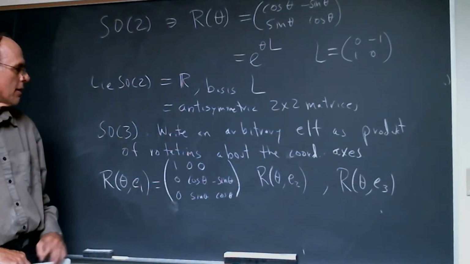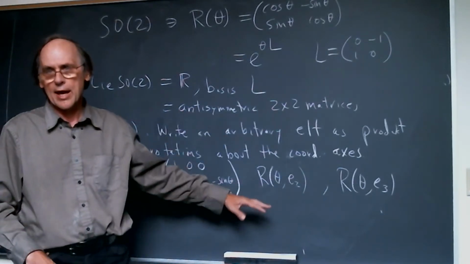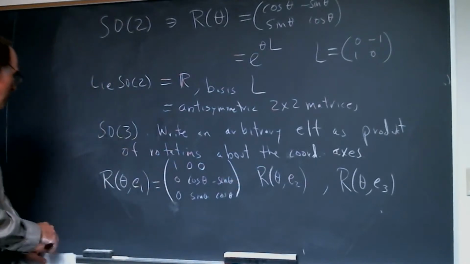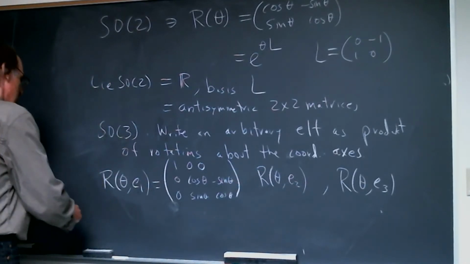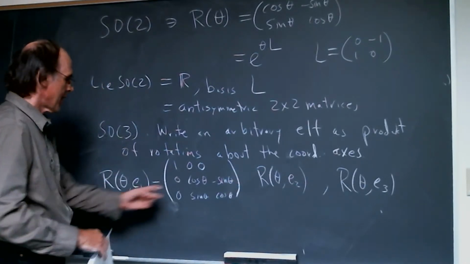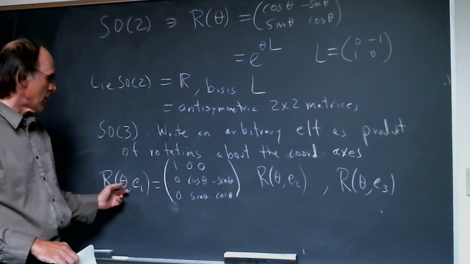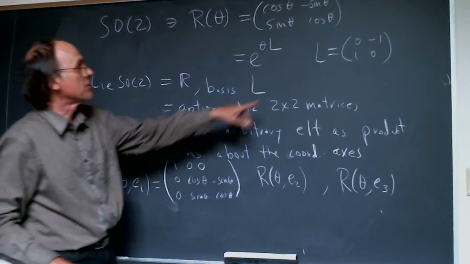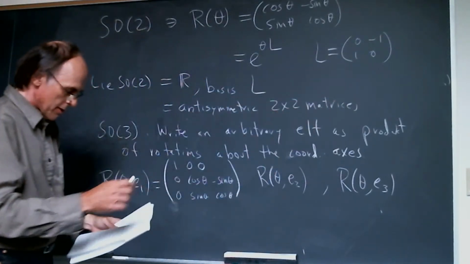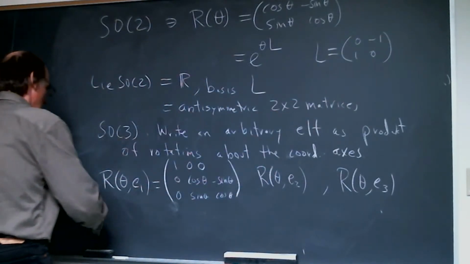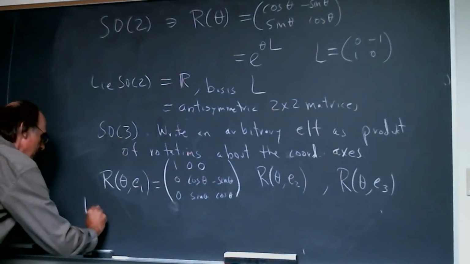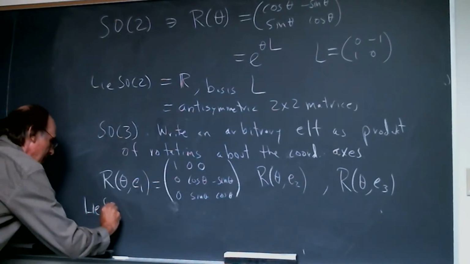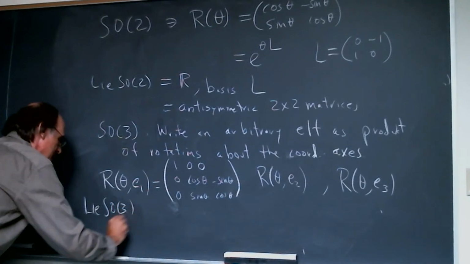Now, we're interested in Lie algebras. So the Lie algebra of these guys. Again, these guys you can see are exponentials of something like this. The Lie algebra of SO3 has a basis.